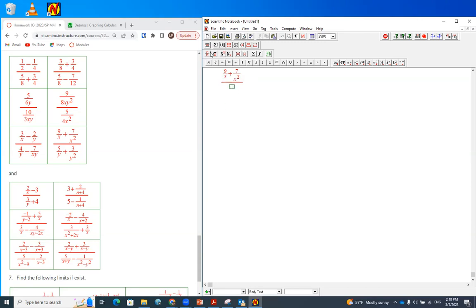Okay, in the denominator, we have 2 fractions, and we have 3/y². We have 4 fractions in form. 1, 2, 3, 4. 4 fractions.